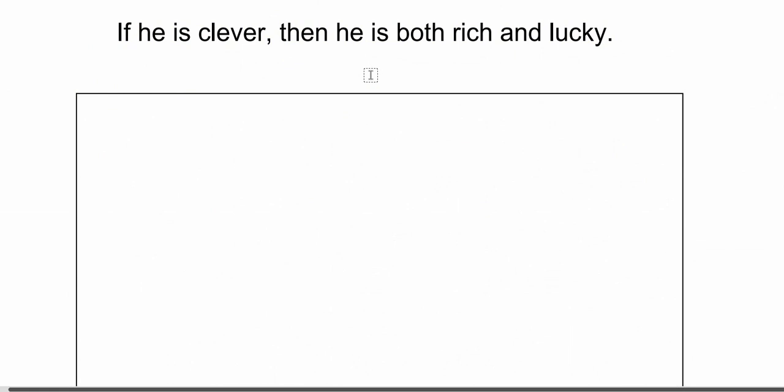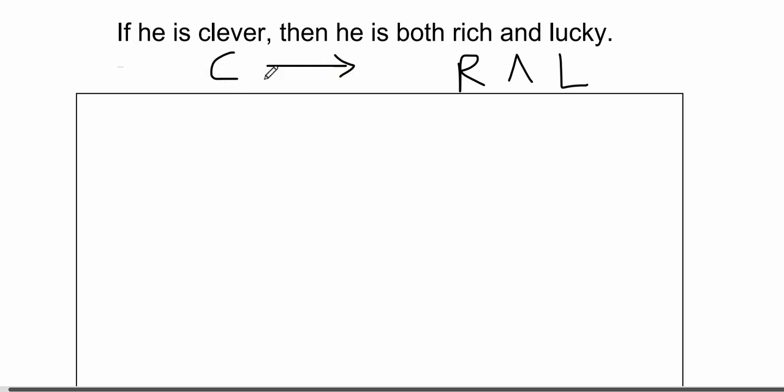If he is clever, then he is both rich and lucky. So let's break it up. First, if means implies. He is clever, C, capital C, then he is both rich and lucky. And is this symbol, lucky is capital L, rich is capital R. So if he is clever, this symbol will go away from here.